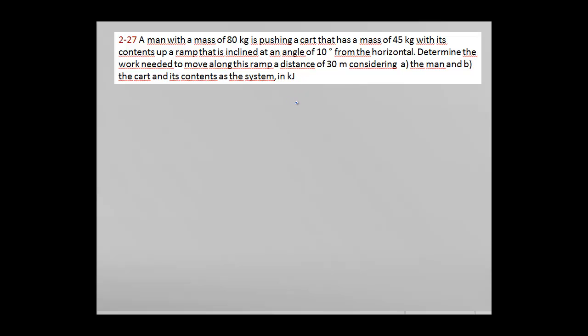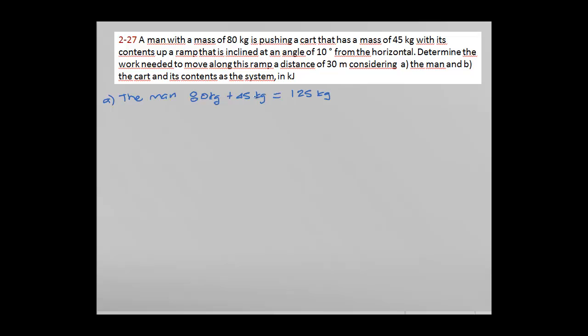So let's start with the man. When the man is moving, all the work that he needs to do is to move his 80 kilograms plus the 45 kilograms. So the total mass that he needs to move is 125 kilograms, right?